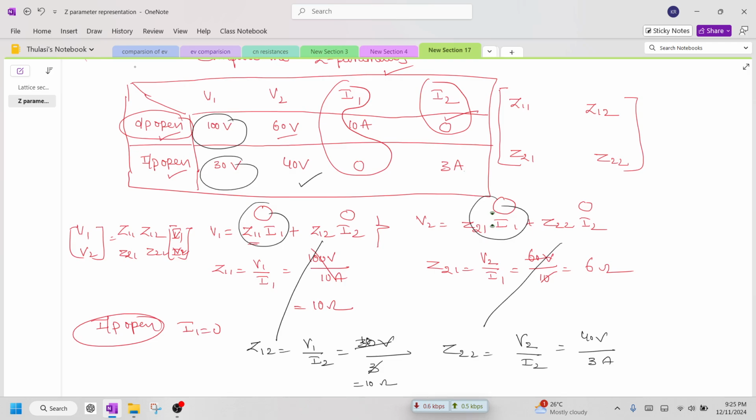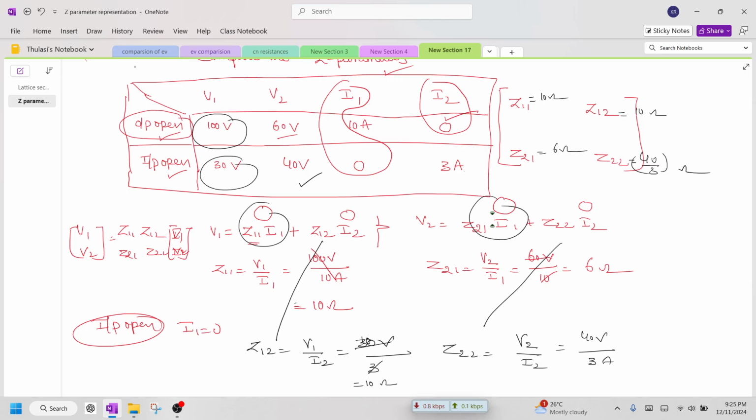So that's how we successfully computed the values. Z11 is 10 ohm. Z12, the reverse transfer impedance, is again 10 ohm. Z21 is 6 ohm and Z22 is 40 by 3 ohm.